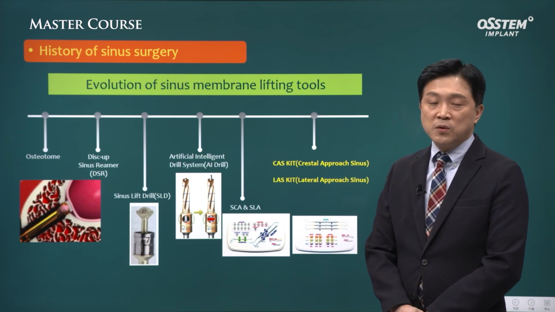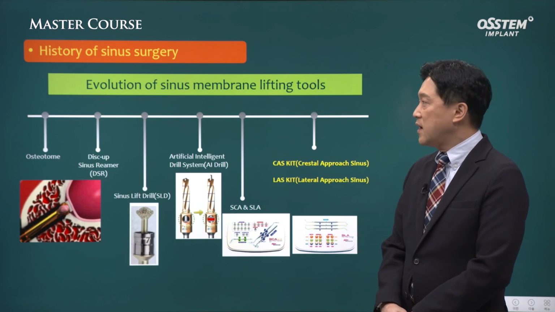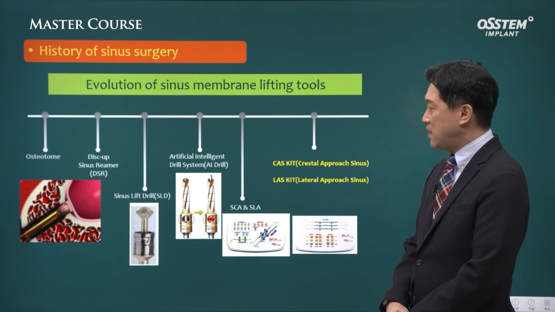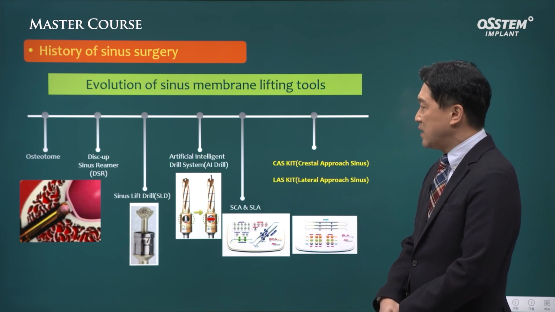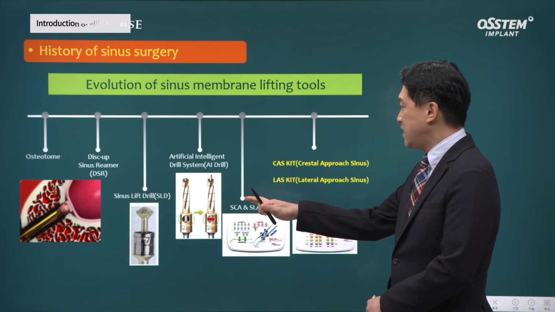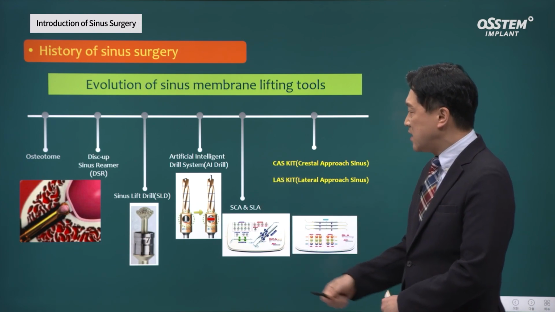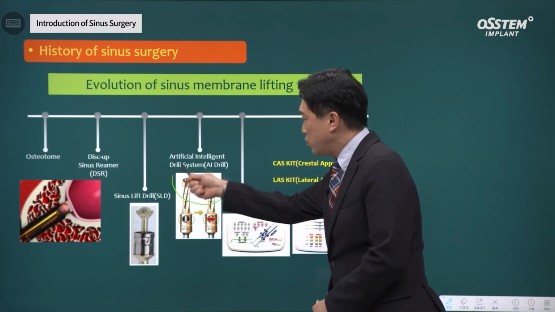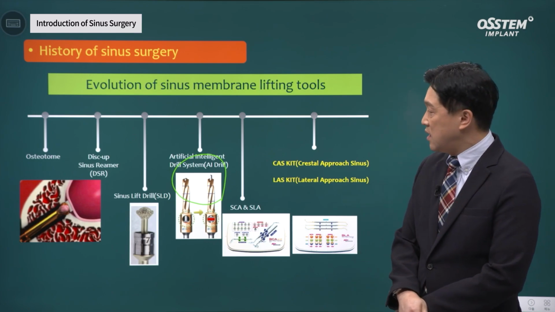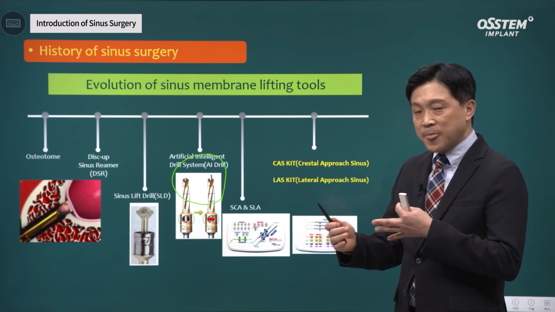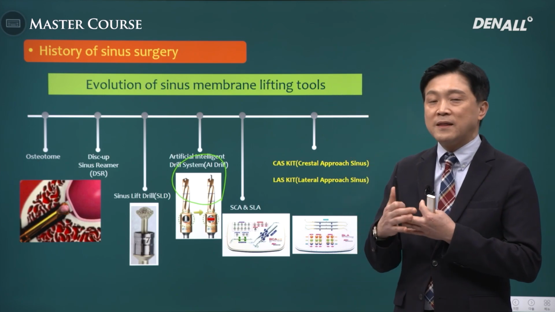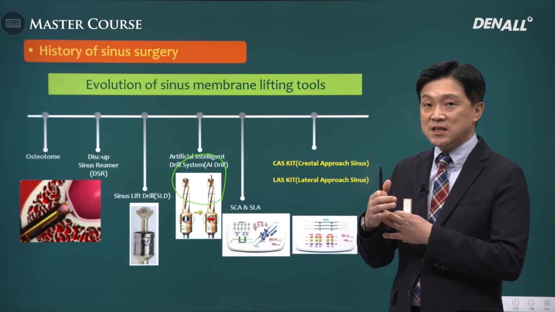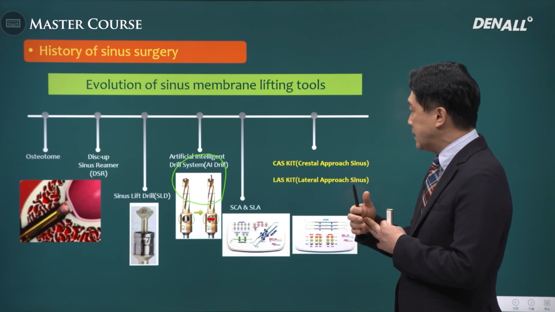You can lift the sinus floor using these kinds of drills, and such techniques have been developed. At first, we only used osteotome. DSR, SLD, AI drills have become available. As for the AI drill, it's used for brain surgery. If there's no resistance, the drill doesn't work, so once it reaches the sinus floor, it does not advance further.